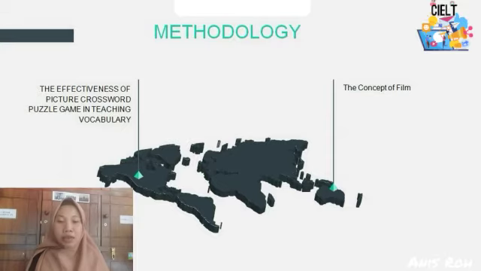Maybe we can read and write it, and then we look for the meaning and the purpose, why the actor uses these words.